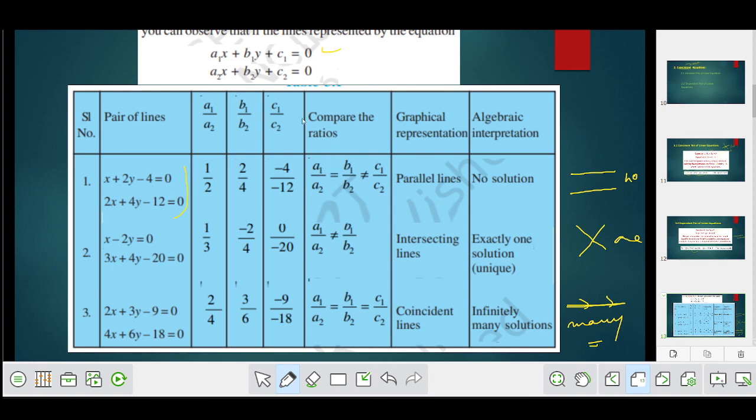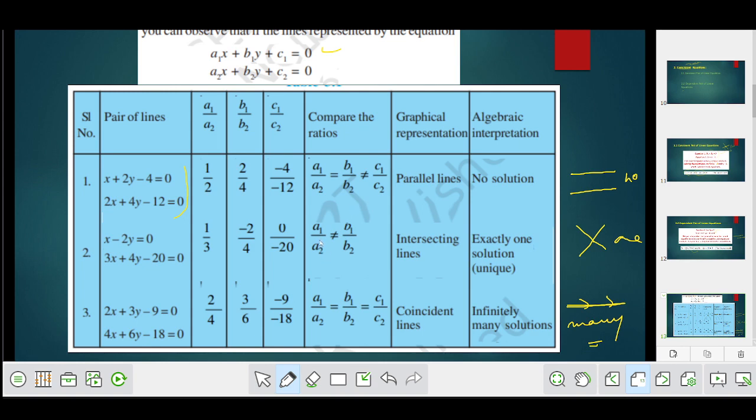Now if these equations are given, we can compare the ratios. If the ratios of the coefficients of the variables are the same and their constants are different, then we can say that these are parallel lines.